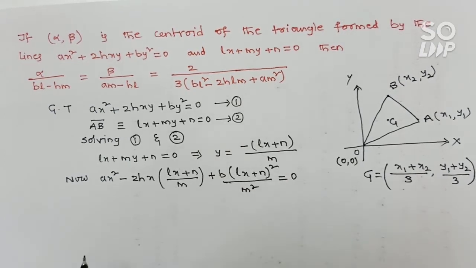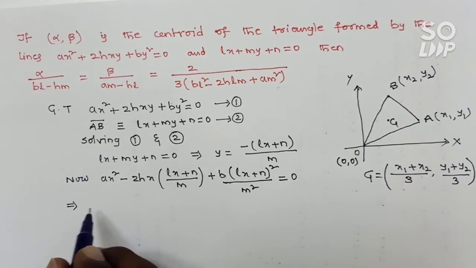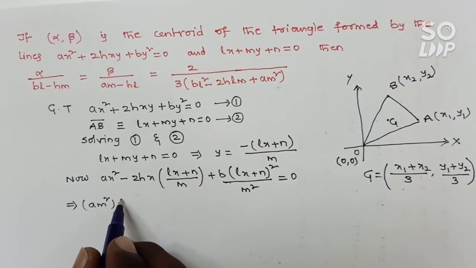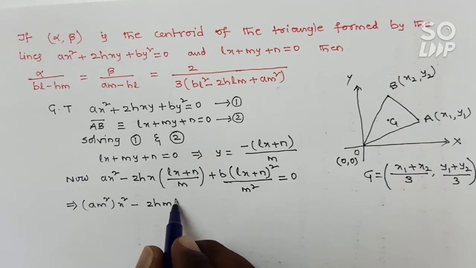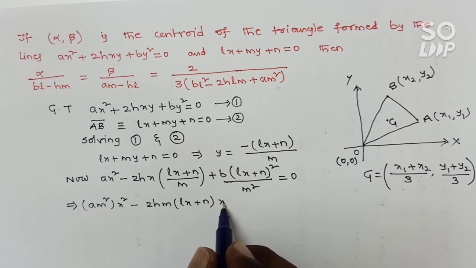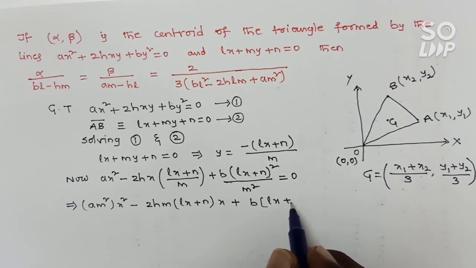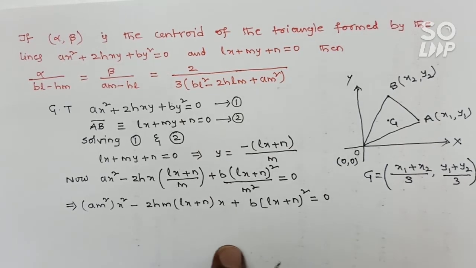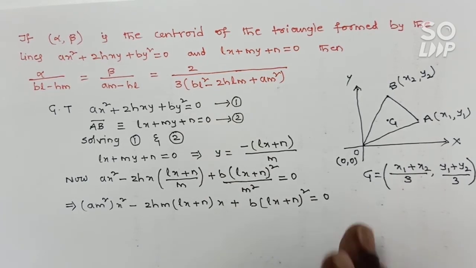Now what is the LCM of this? m square is the LCM. Now you can write a m square x square minus 2h m x (Lx plus n) plus b (Lx plus n) whole square equals 0. Now the LCM, you cross multiply, this goes to the right side, 0 into m square equals 0.